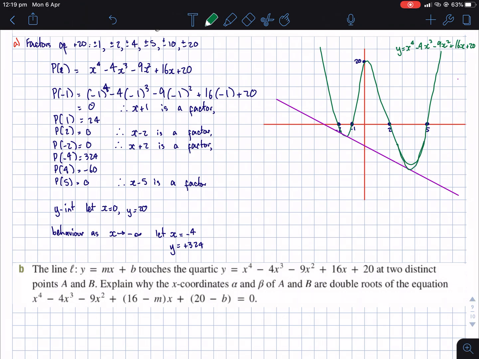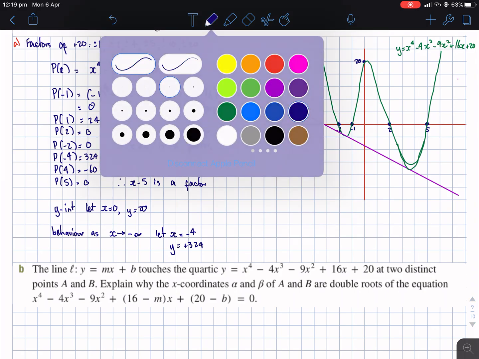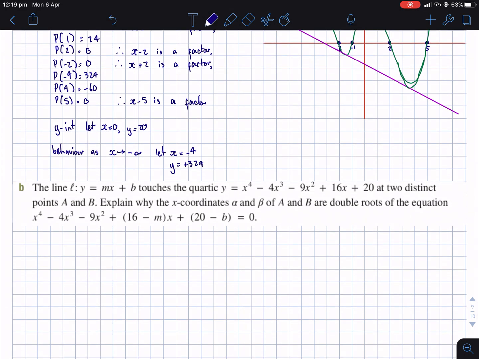Like it's going to cut through at those two. Because it's saying 2 distinct points. So let's say it cuts through at the points, at 2 distinct points. That means we've got y equals mx plus b, and we're calling these points point A, which is alpha comma something, and point B, which is beta comma something.